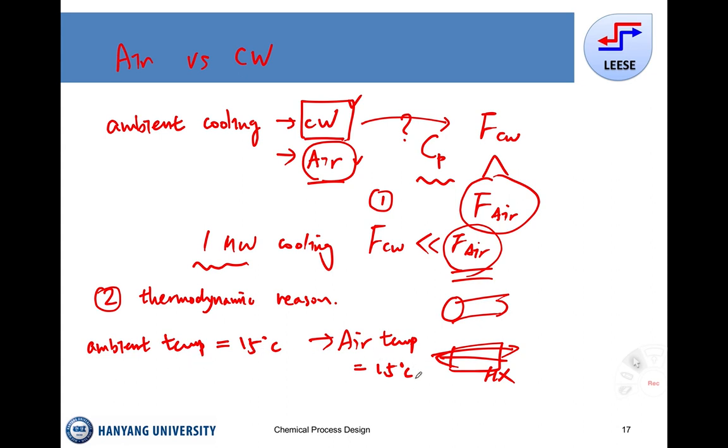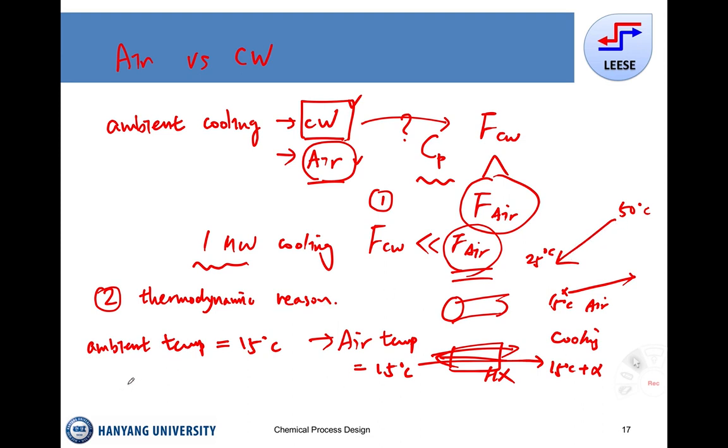Then the lowest temperature you can supply for cooling is 15 degrees C plus alpha, because the process stream to be cooled down is higher than 15 degrees C. Let's say 50 degrees C, maybe 25 degrees C. Then we use the air, supplied at 15, okay? So this is a process stream to be cooled down.